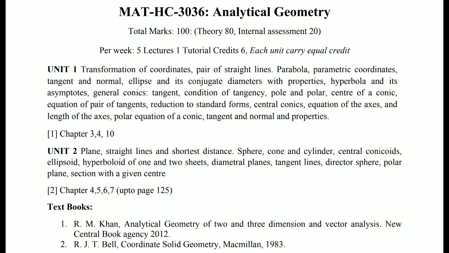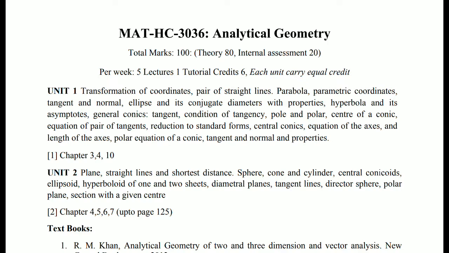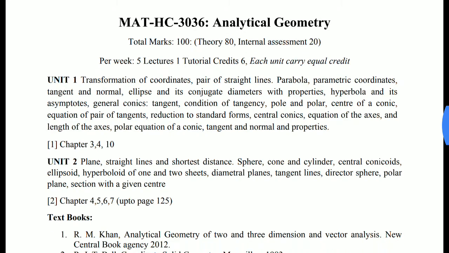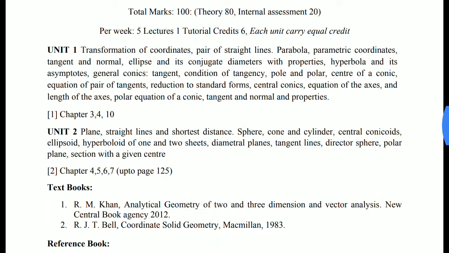So here we have two units, and the first unit has topics like transformation of coordinates, pair of straight lines, parabola, parametric coordinates, tangent, normal, ellipse and its conjugate diameters with properties, hyperbola and its asymptotes, general conics, tangent, condition of tangency, pole and polar, center of conic, then equation of pair of tangents, reduction to standard forms, central conics, equation of the axis and length of the axis, polar equation of conic, tangent and normal, and properties.